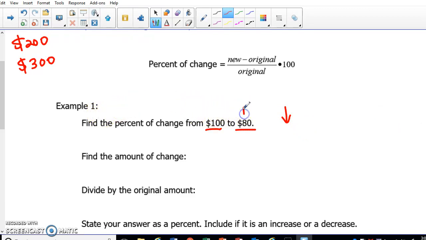This is new, $80, and $100 was the original. So to find the percent of change, you do new minus old over old times 100.